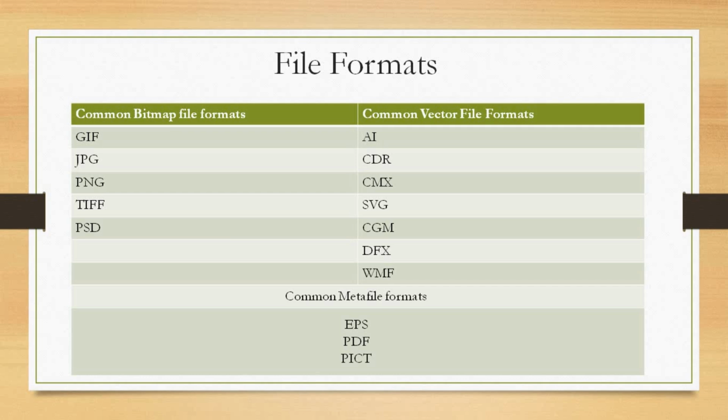Coming to vector file formats, you have AI, CDR, CMX, SVG, CGM, DXF, WMF. All these are vector file formats. And the most common metafile formats are EPS, PDF, PICT.